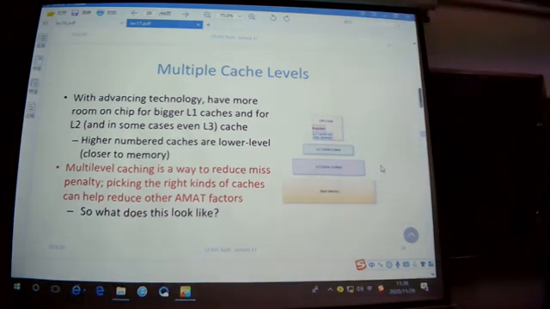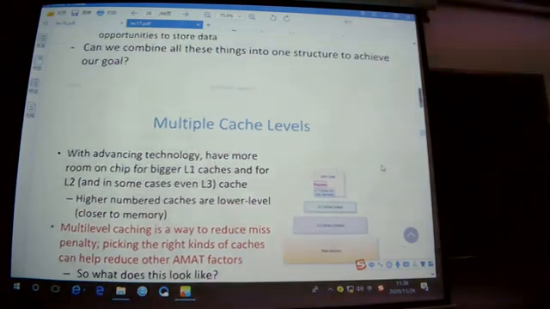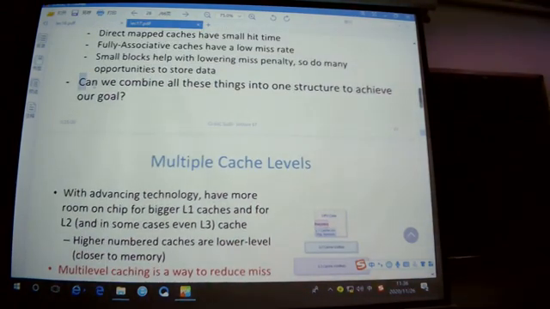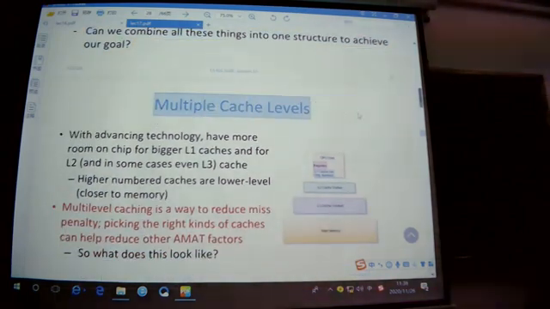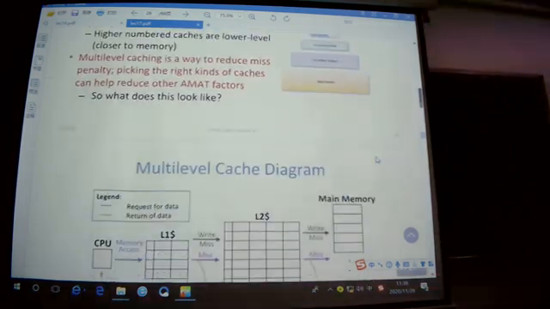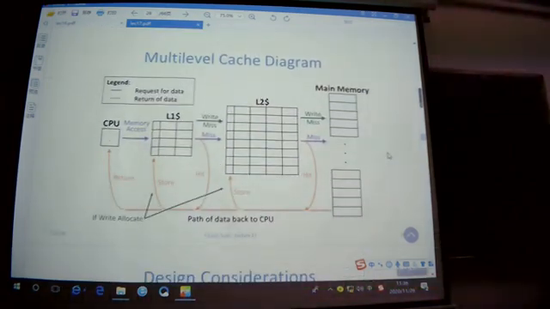So multi-level caching is a way to reduce miss penalty. Picking the right kinds of cache can help reduce other AMAT factors. So this is the answer: multiple cache levels.